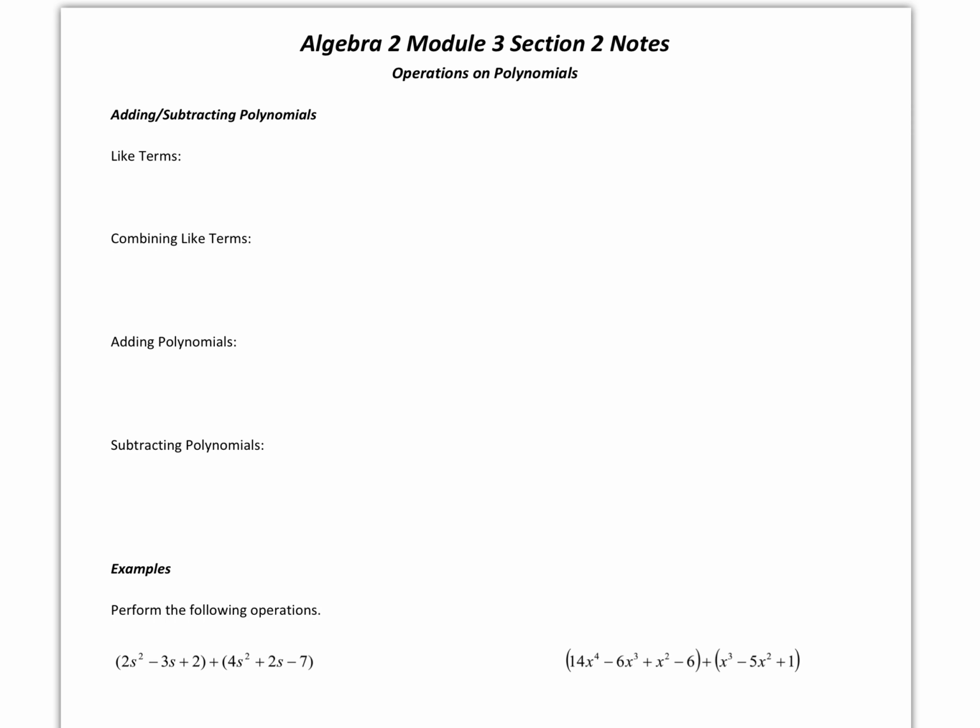And when we add and subtract polynomials, we want to focus on what's called like terms. So a quick definition for like terms, probably something you've heard plenty before in math. They are terms whose variables and the exponents are the same. So x squared terms or x to the third terms, terms whose variables and exponents are the same.